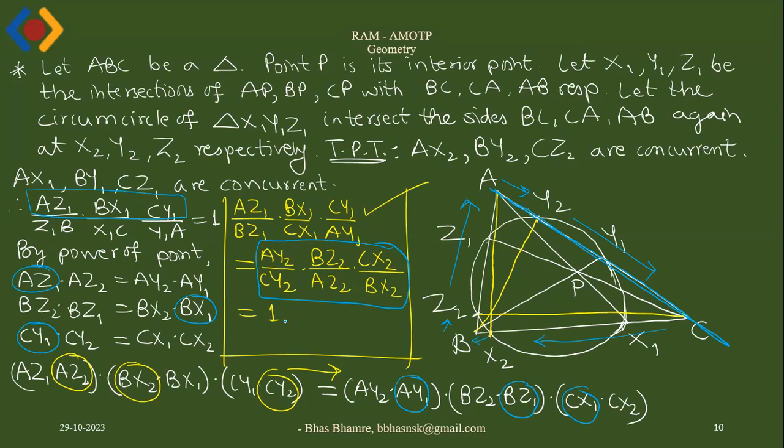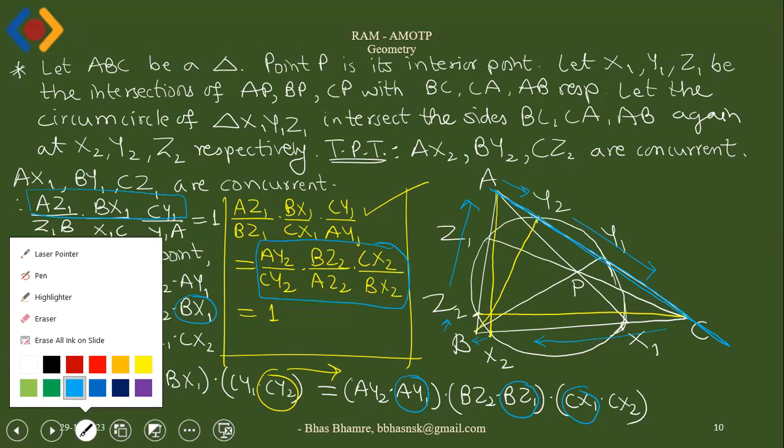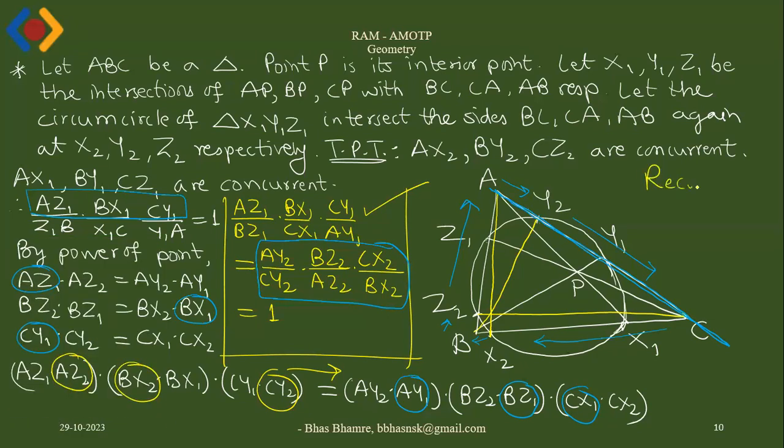And if you look at this, you can recall the 9-point circle. Say X1, Y1, Z1 are the midpoints, and the circle passing through the midpoints meets the sides again at points that are the perpendicular feet of the altitudes.